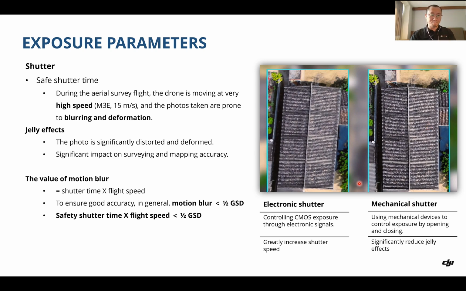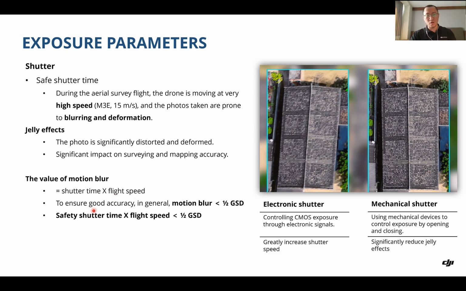And for my previous question, definitely we should use the smaller shutter time, to capture the picture very quickly and be sure that there's no jello effect. As for the value of the motion blur, it equals the shutter time multiplied by the flight speed.